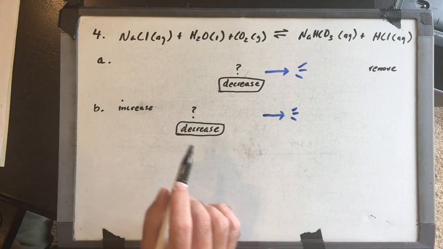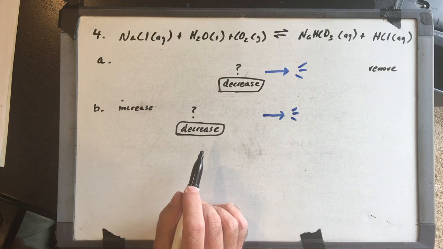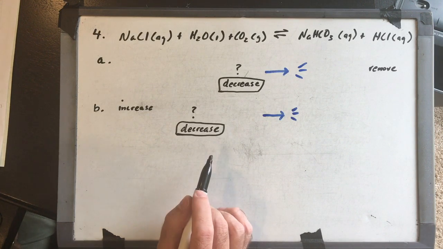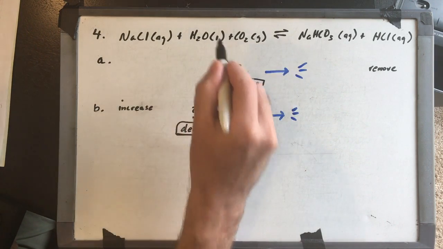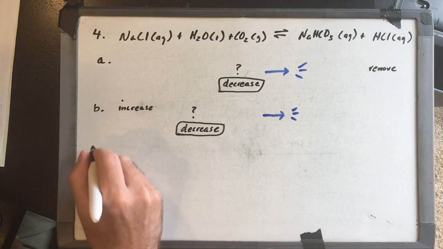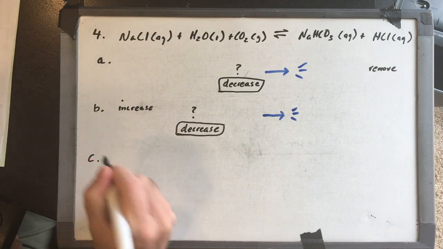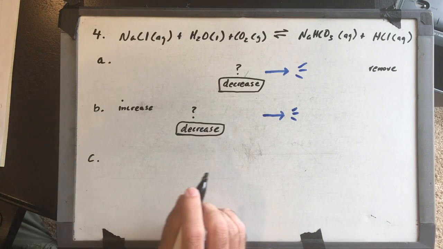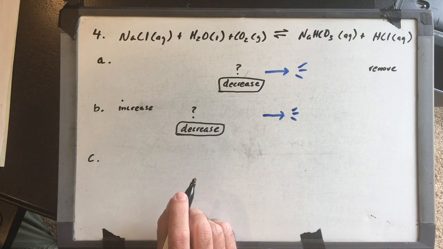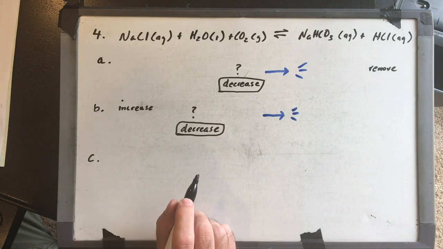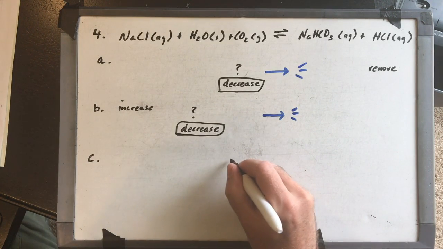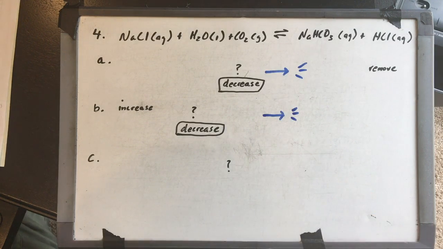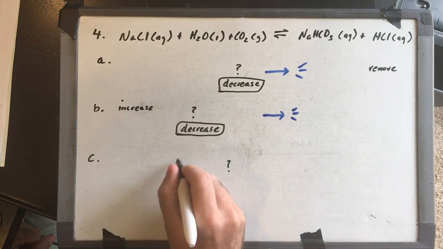All right, so I know I had a few people, certainly not more than half, but a few people did say nothing would happen because H2O is a liquid. You needed to think about that on part C, which almost everyone missed. I think maybe only 2 or 3 people got part C correct. It says what will happen to the concentration of CO2, all right, what will happen to CO2 if more H2O is added.